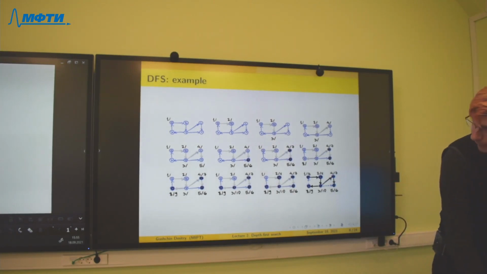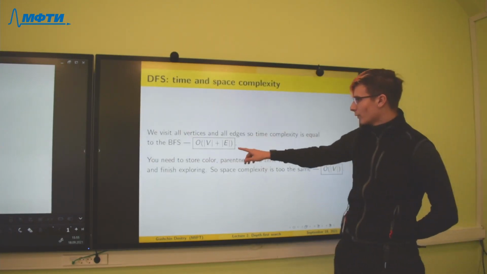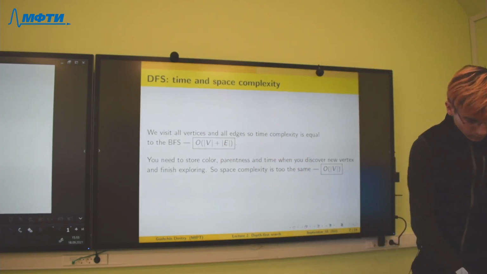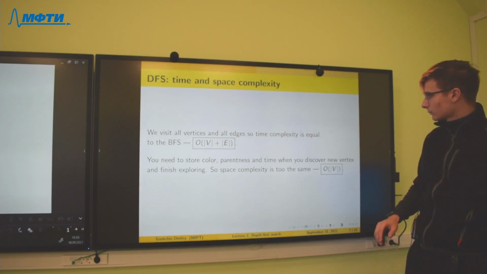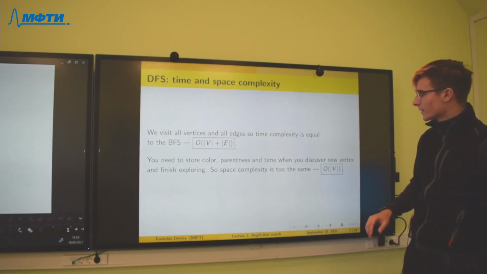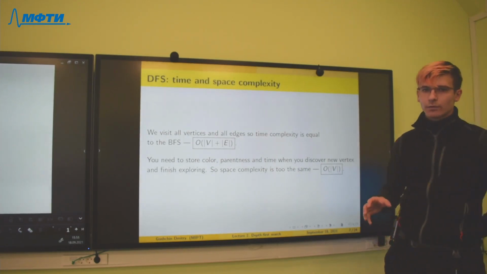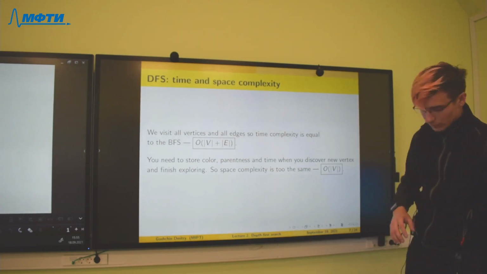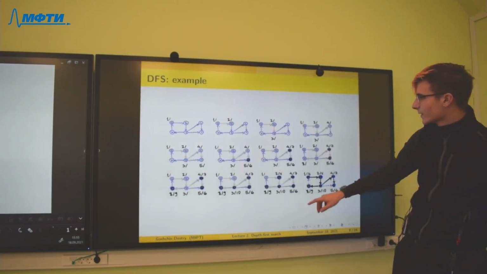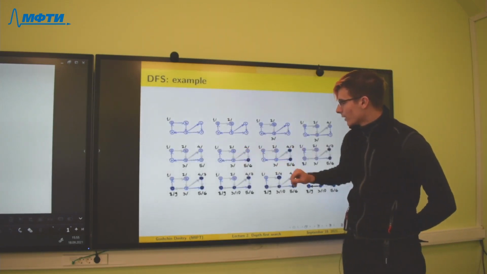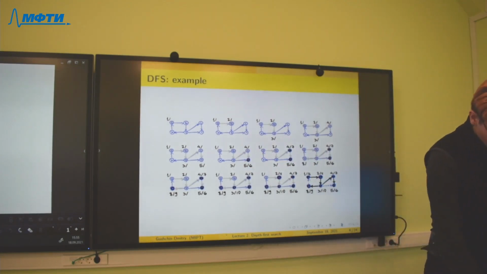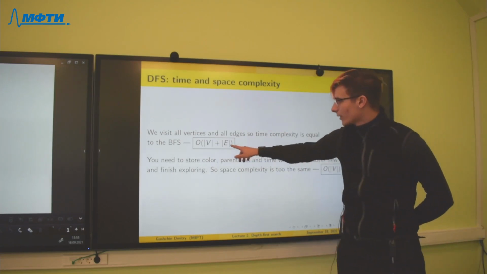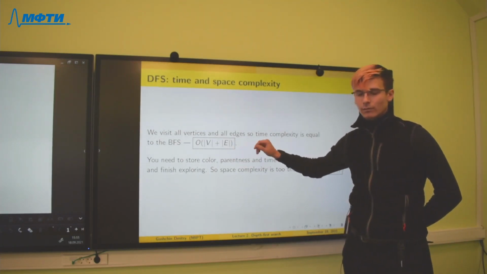So we have the V number here, and we need to visit all edges from the start point of this edge, and so we have this number here too.